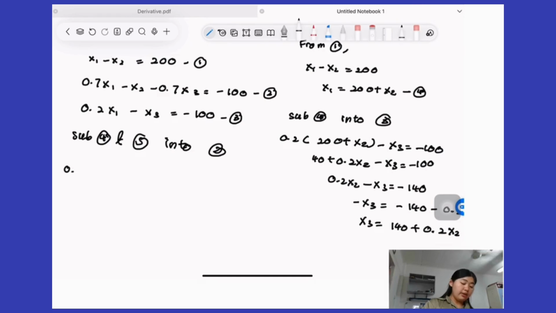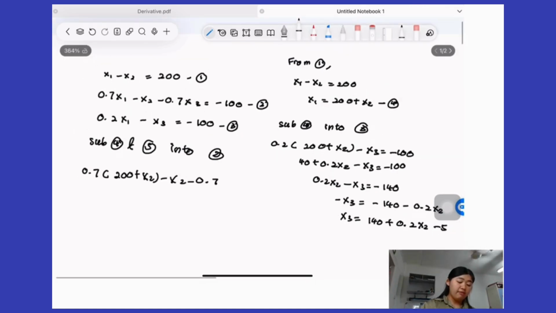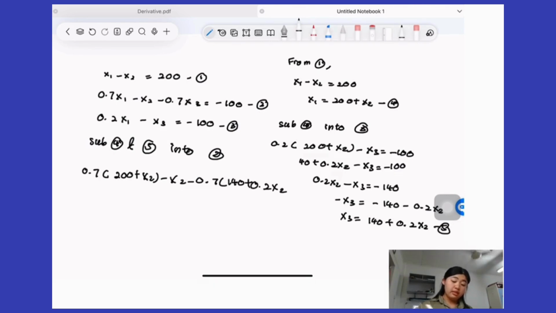So 0.7 times equation 4, that is (200 plus x2), minus x2, minus 0.7 times equation 5, that is (140 plus 0.2x2), equal to negative 100.